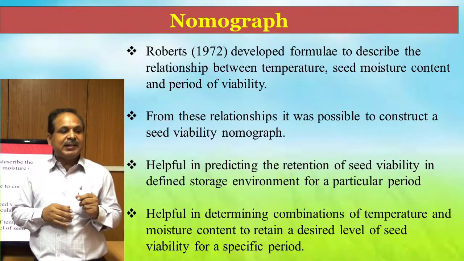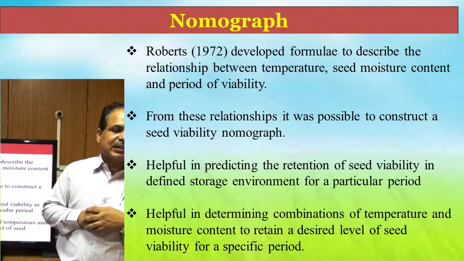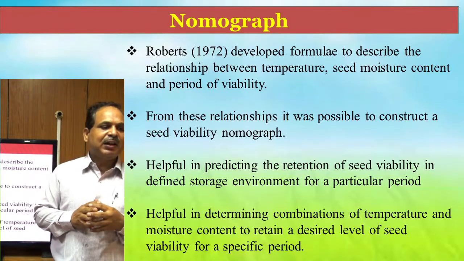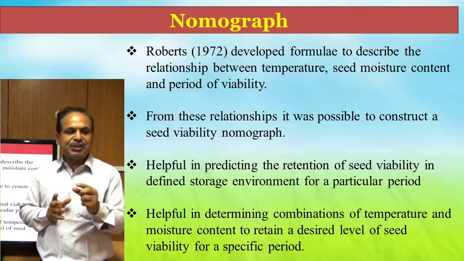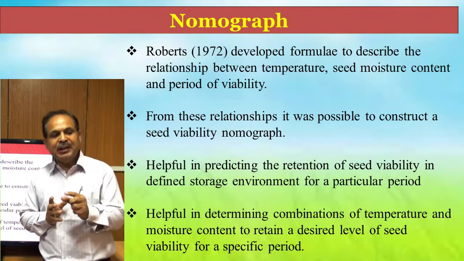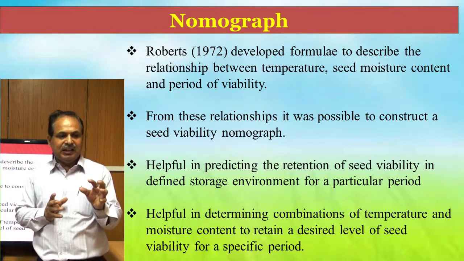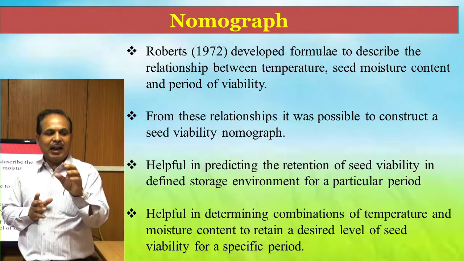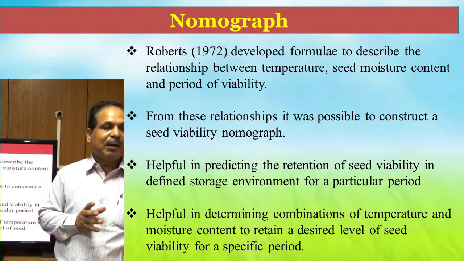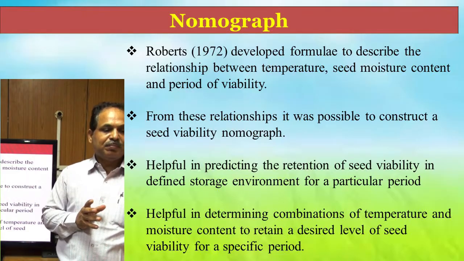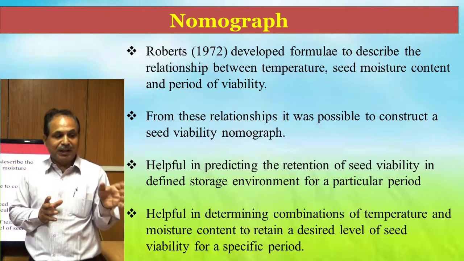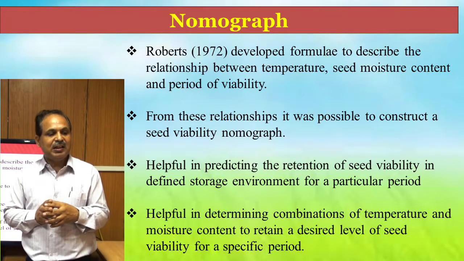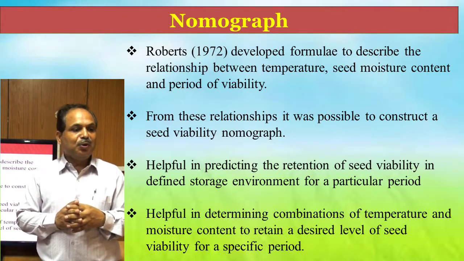One more pioneer scientist, Roberts, in the year 1972, developed a formula to describe the relationship between temperature, seed moisture content and period of viability. He considered three factors: the temperature, the moisture content, and the period of viability, that is, how long the viability will be maintained. From this relationship, it was possible to construct a seed viability nomograph.